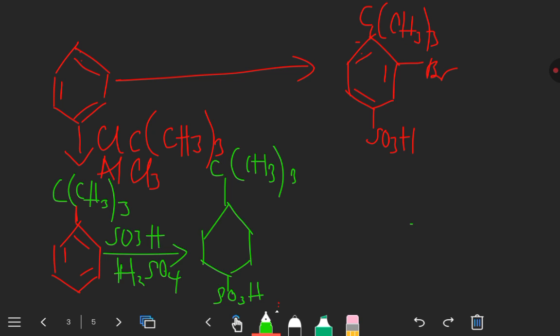So the reaction you're going to perform is just the alkylation. You're going to use bromine, then it will react in the presence of iron(III) bromide.